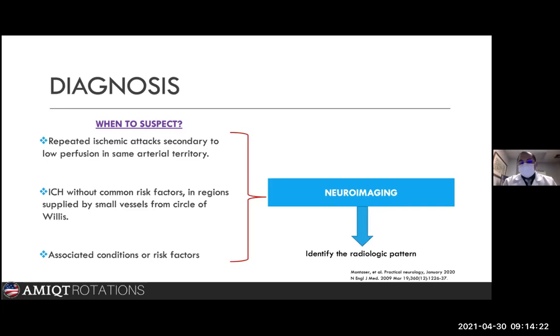And also if you have associated conditions that we mentioned before, such as Down syndrome, neurofibromatosis type 1, or previous cranial radiotherapy. If you have any of these suspicions, you should do neuroimaging, such as MRI or MR angiography, to try to identify this radiologic pattern.